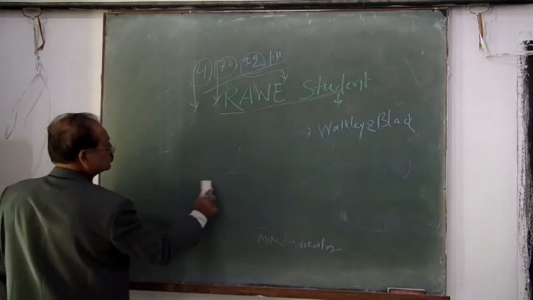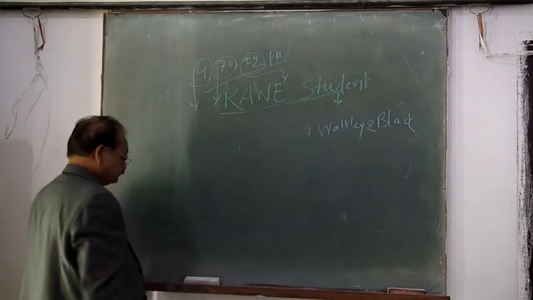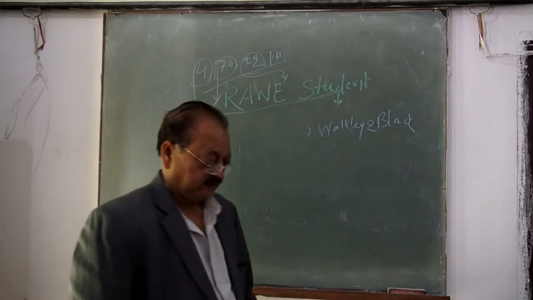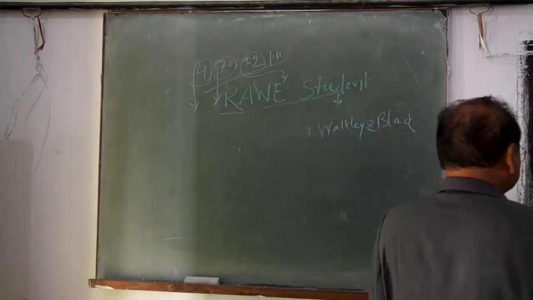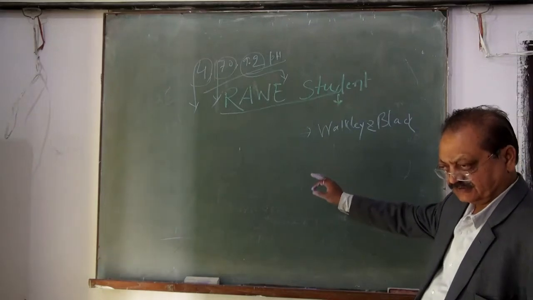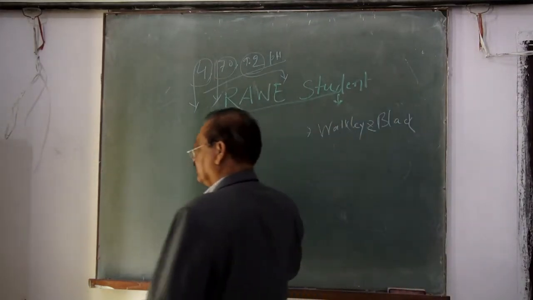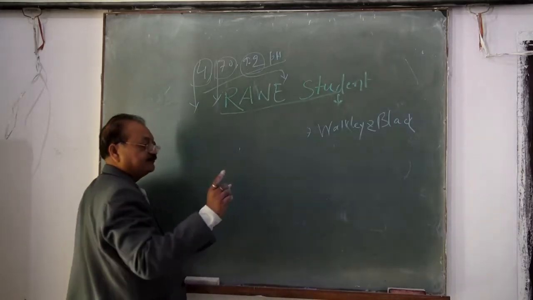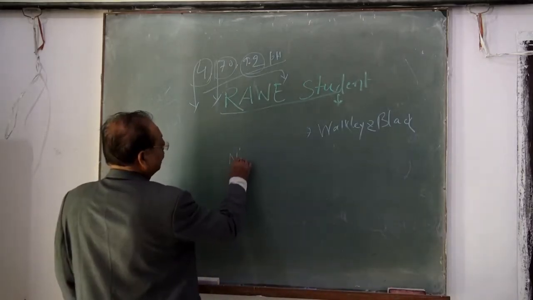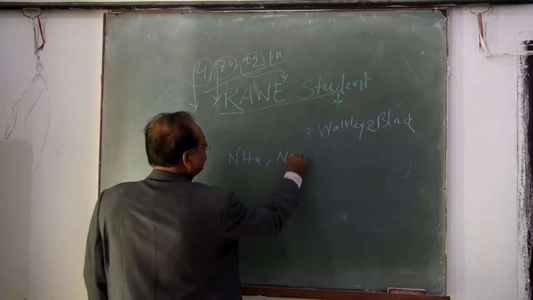Now, this method of determination of nitrogen will give you the value of two types of nitrogen, that is ammoniacal nitrogen and nitrate nitrogen.